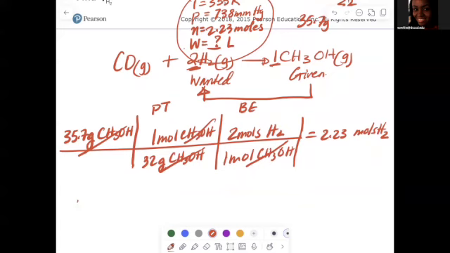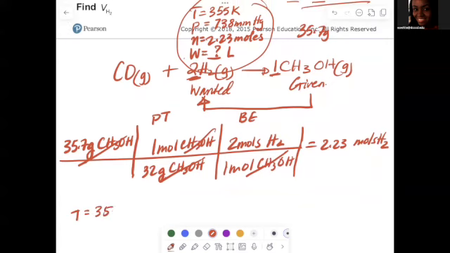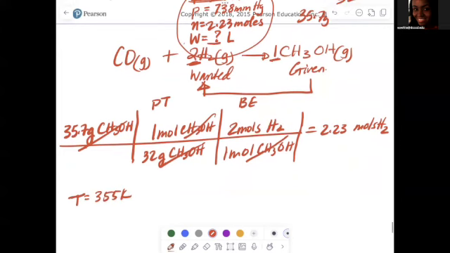So for hydrogen, we have a temperature of 355 Kelvin. So just move this over, right? I'm going to move the information in the way I want it. The pressure, I move over 738. But I'm going to divide by 760 to get atmospheres because I want to just get it over and done with. 738 divided by 760.